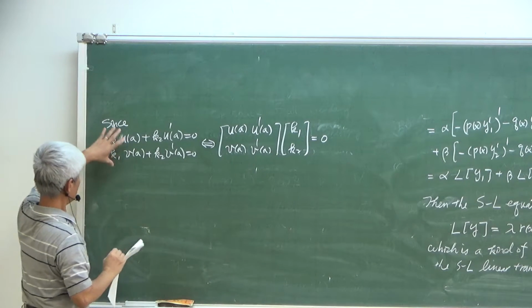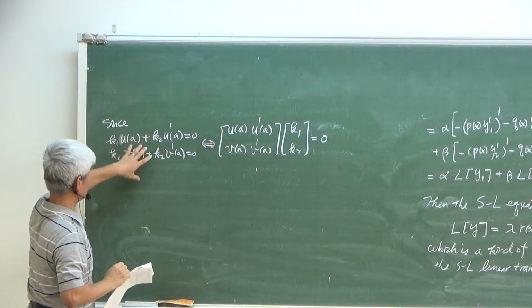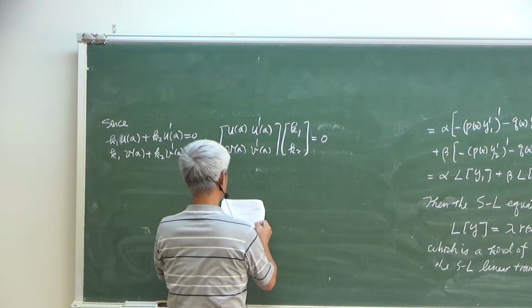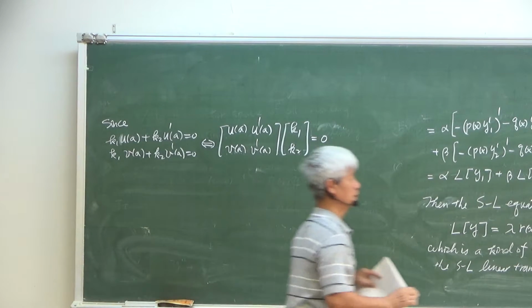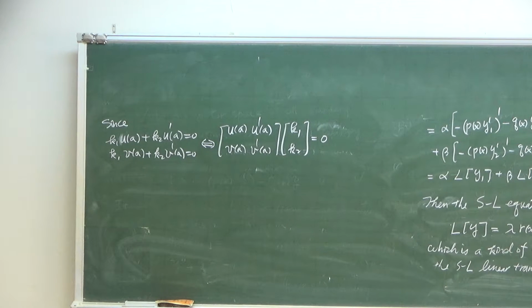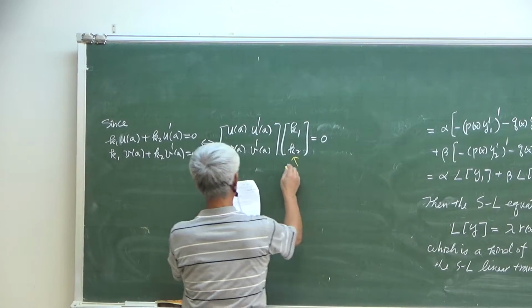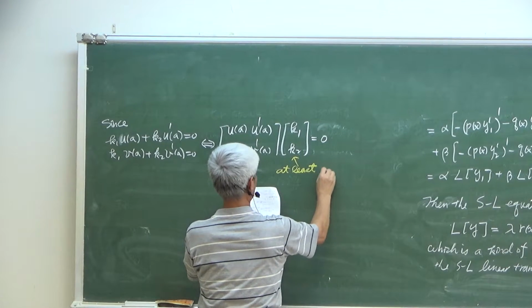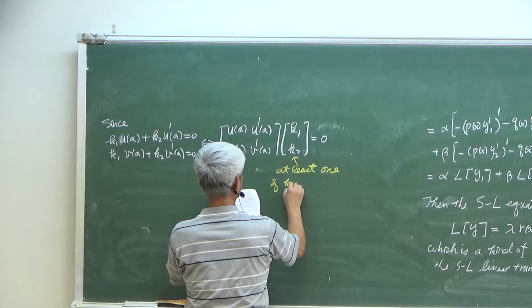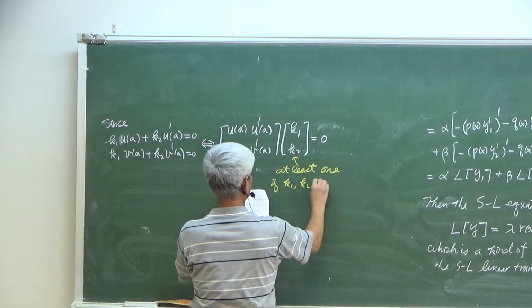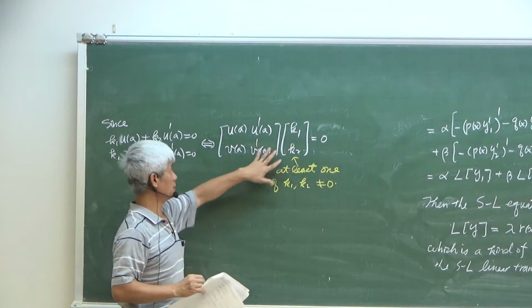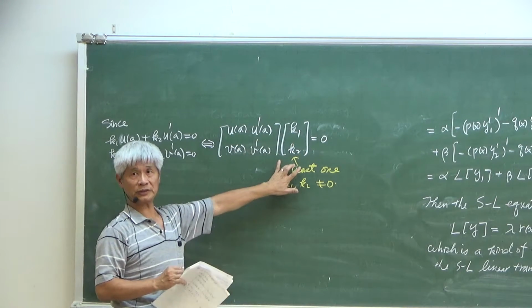This is a system of linear equations, right? And we know that at least one of K1, K2 is not equal to 0. So this matrix equation has a non-trivial solution.